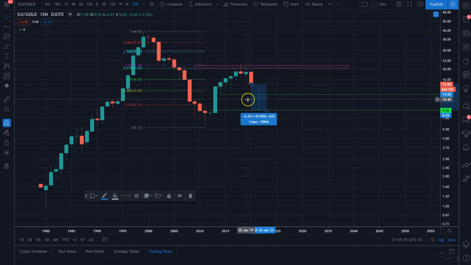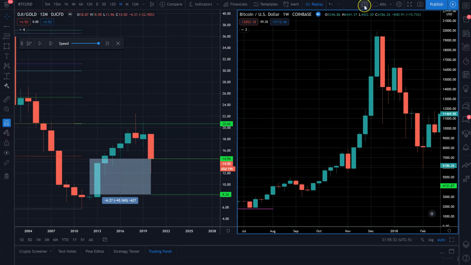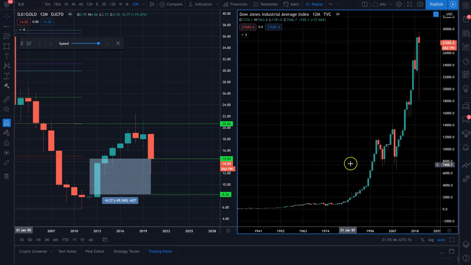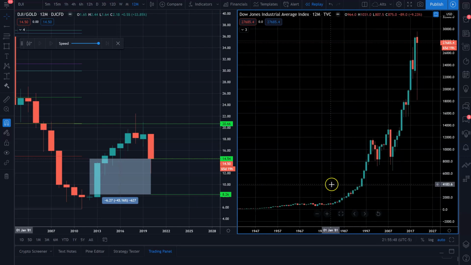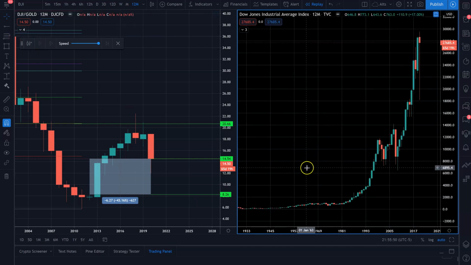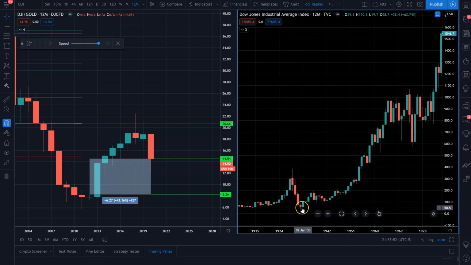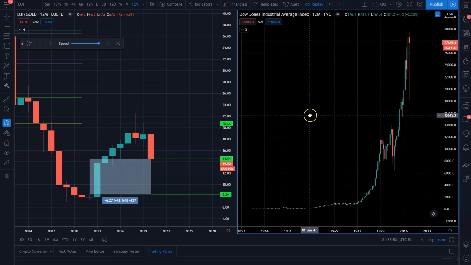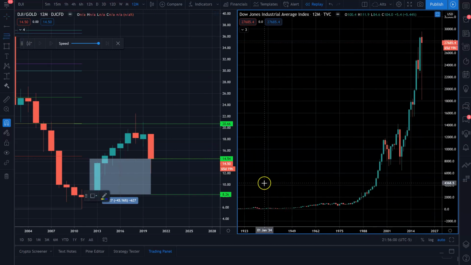And then if you go over to a Dow chart versus the US dollar, and if we put this on a yearly chart, where every single candle is 1 year, we know that our last bust was back in 1932 was the bottom. That's the last time this thing retraced to the 61.8, right? Or below it.